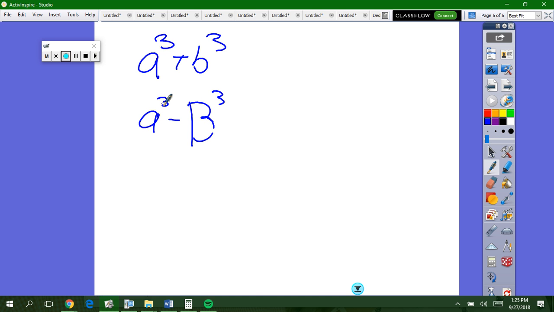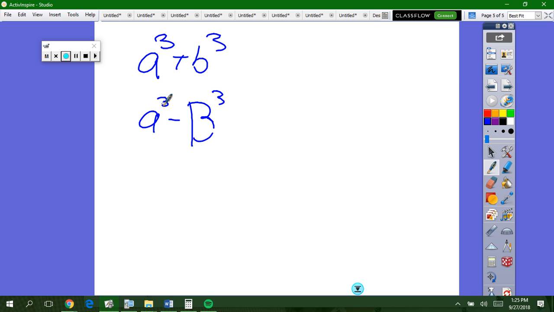I just changed that 3 into a B. Sum of cubes is the top one, right? Difference of cubes is the bottom one. Notice they're both perfect cube numbers, correct? Is everybody there with me? You will need to memorize this and use it, people.